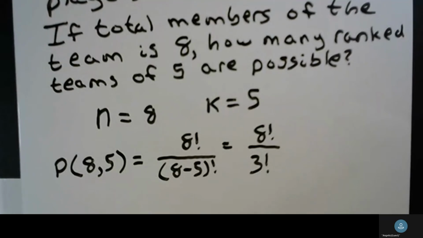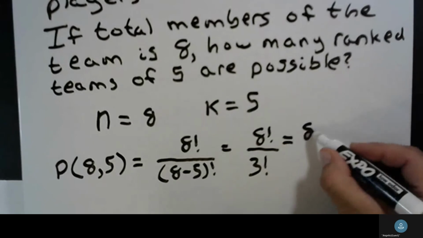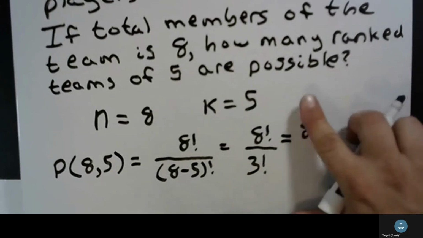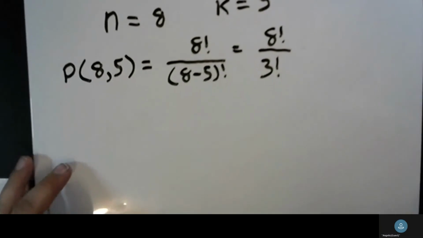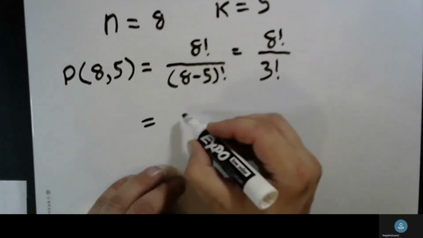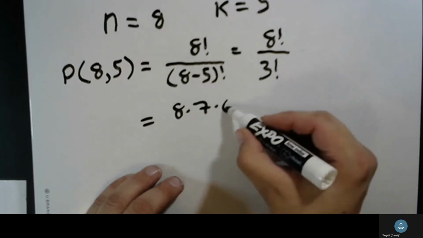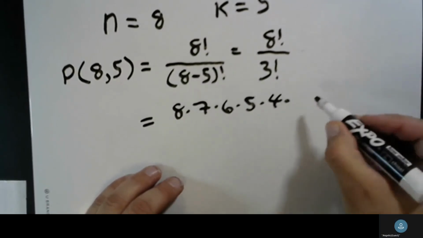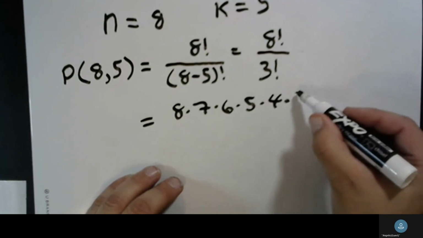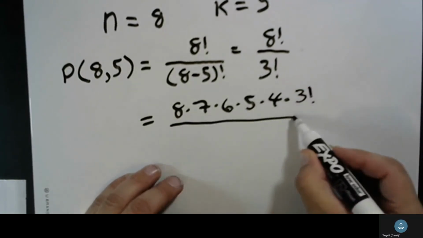Now again, you can compute this on your calculator, but you can also rewrite this as 8 times 7 times 6 times 5 times 4 times, and then that's 3 times 2 times 1, or 3 factorial.